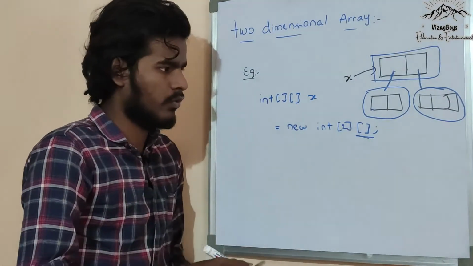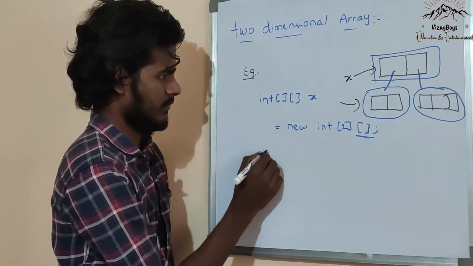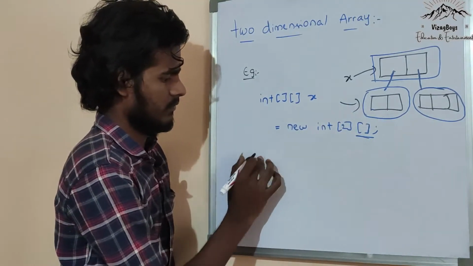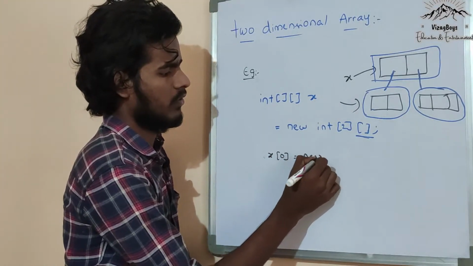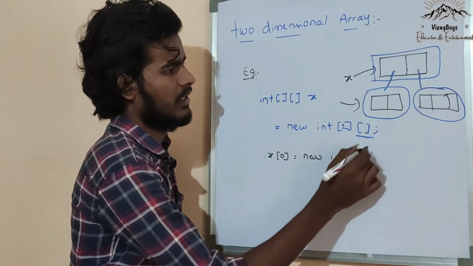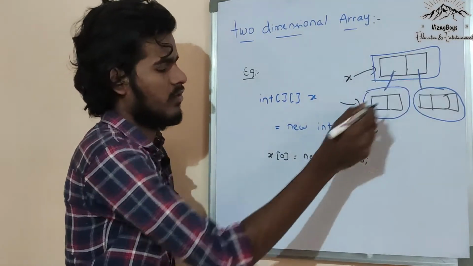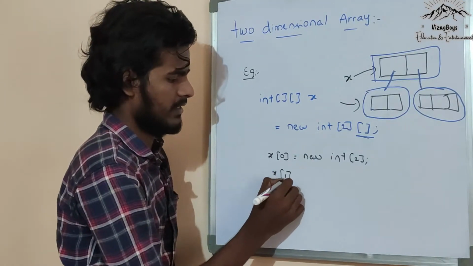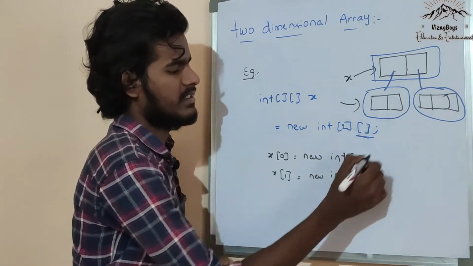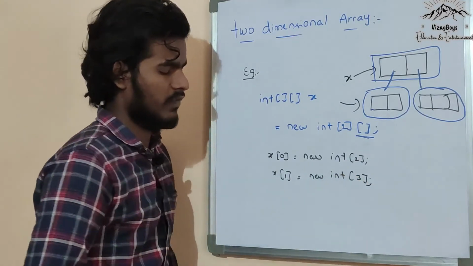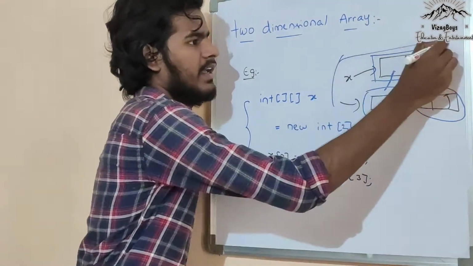How to create for this? x of 0 is equal to new int single-dimensional size 2. Here x of 1 is equal to new int size 3. This is the corresponding Java code for this array.